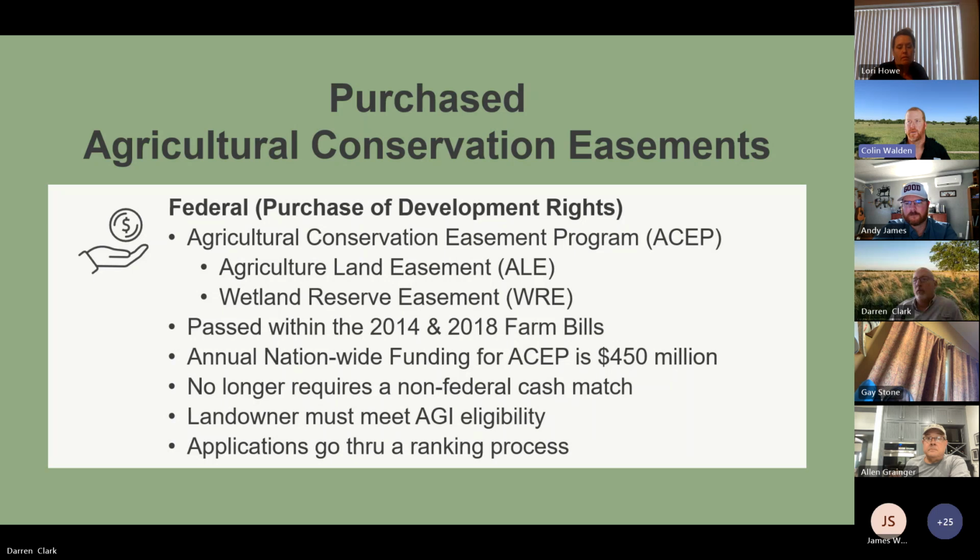So we help the landowners apply, and they're ranked against however many other applications around the state. So it can be difficult to get approved, depending on ranking and funding availability. We can go on to the next, Darren.